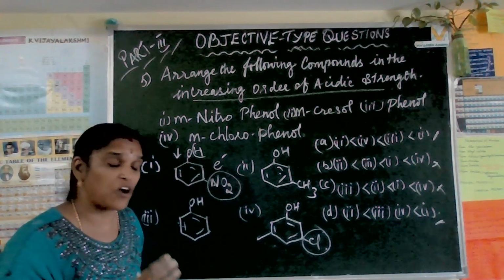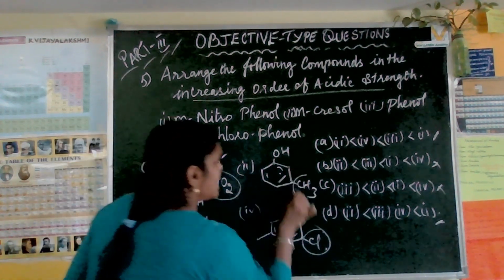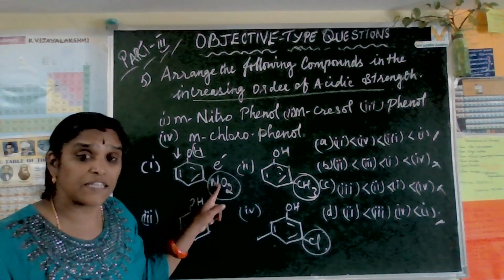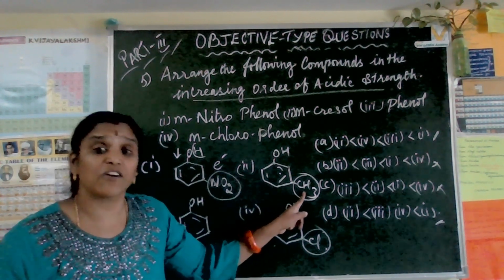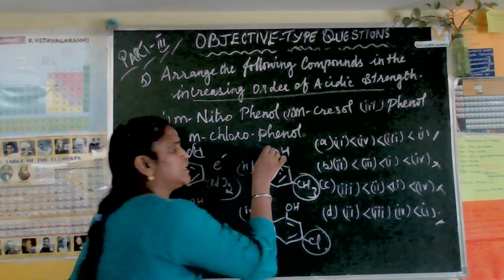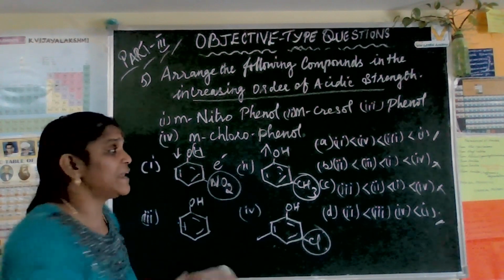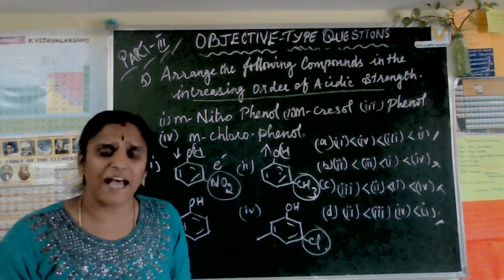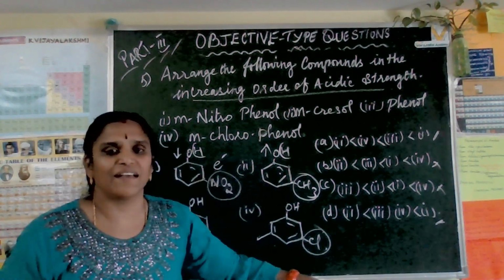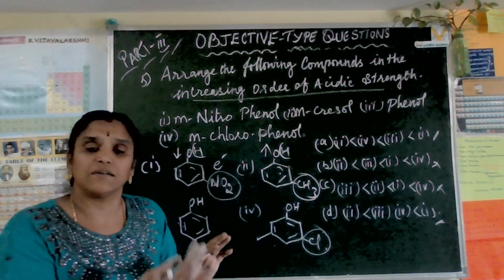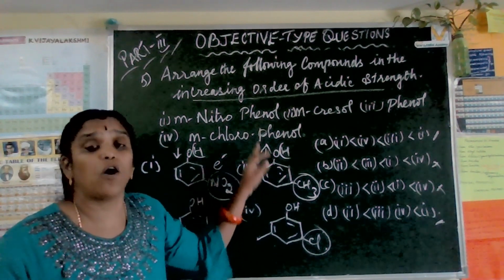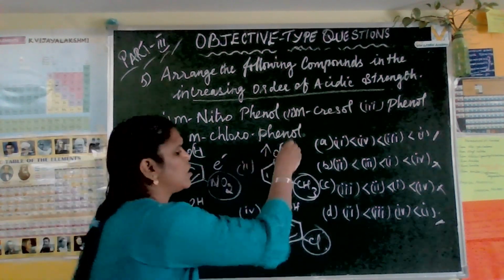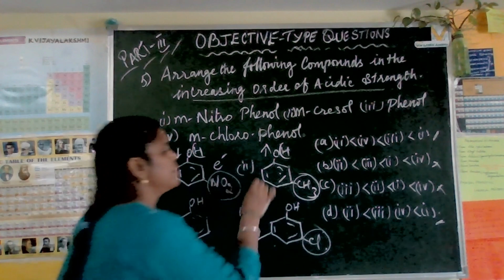Last session we went through metacresol. Why? Because an electron donating group is there, whereas the others are electron withdrawing groups. With the electron donating group, the electron density on oxygen will be increasing, so it is very difficult to remove the proton, so definitely acidic strength will be decreasing.